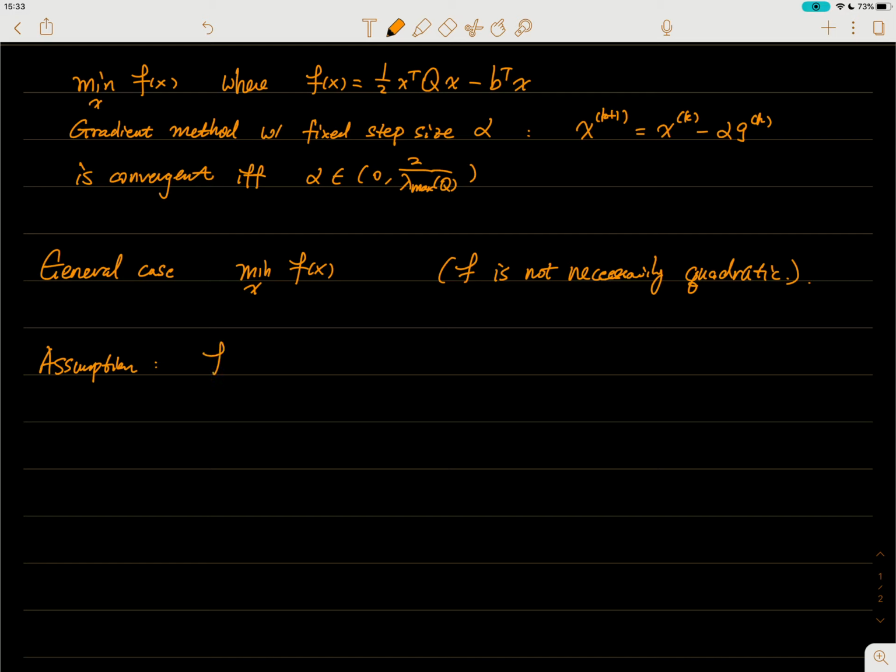We'll assume that f is differentiable, so we can take a gradient at least, and that the gradient of f is L-Lipschitz continuous.